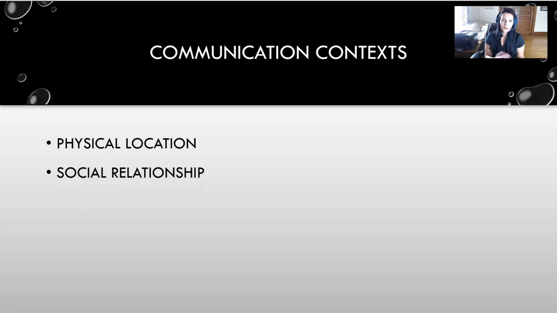Another context would be the social relationship that you might have with the person you're communicating with. The level of familiarity you have with someone is going to dictate the type of communication that you have. Think of your best friend versus me. My best friend's not in my classes, so I can say that safely. You don't know me yet, and you might not know me that well.